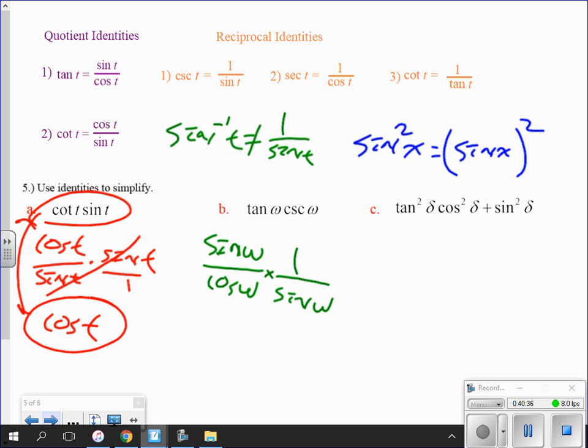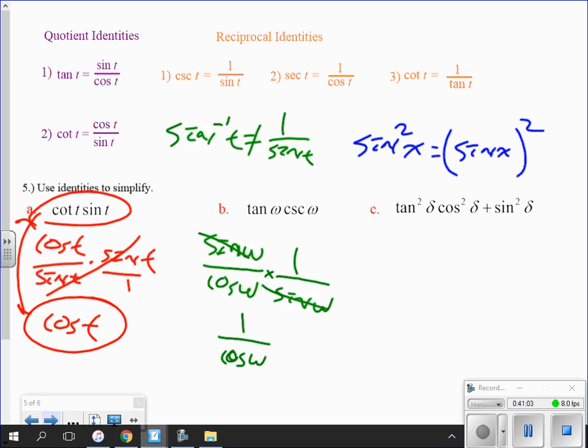So I get sine over cosine times 1 over the sine. What happens now? Omega. I'm going to call that omega. It's not really, but it's close enough. Cancel those, which leaves me with 1 over the cosine.